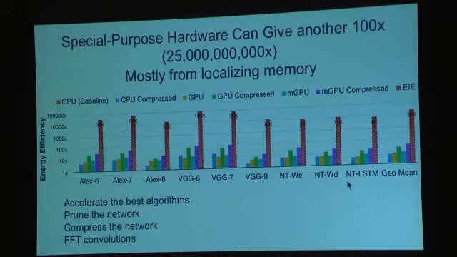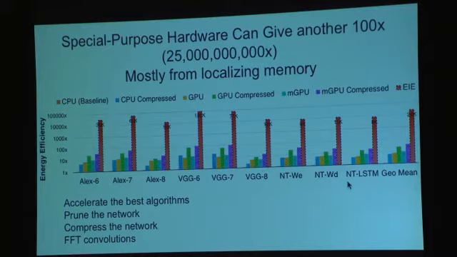It comes from getting the working set of memory on chip, because that's what gets me that 120x difference of 640 picojoules fetching a weight from DRAM to 5 picojoules fetching it from a local memory. And it comes by hardwiring the decompression of the compressed network, which is a very irregular computation and isn't as well matched for CPUs and GPUs.